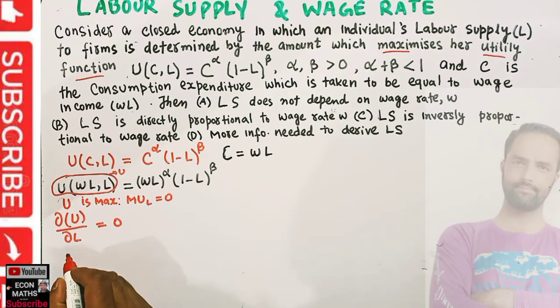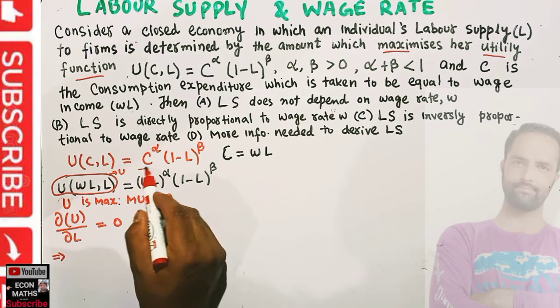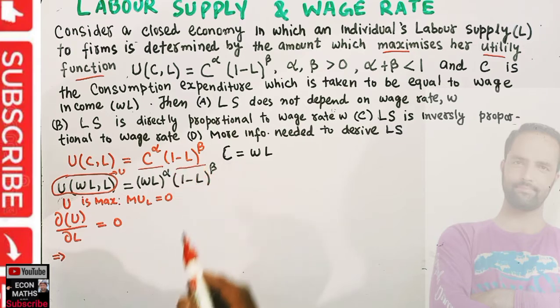Now taking the derivative of this function, we have two functions here, so we use the chain rule. How do we apply the chain rule?